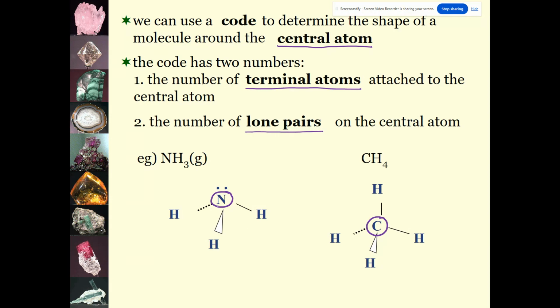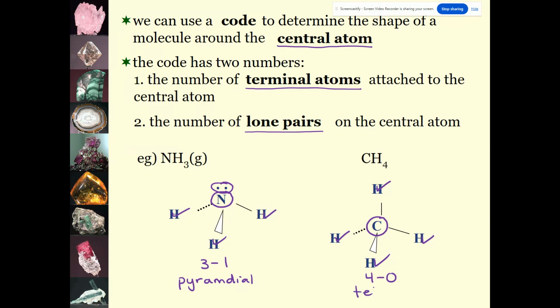So for NH3, I have 1, 2, 3 terminal atoms, that's my first number, and 1 lone pair. So the code is 3,1. Anytime you have a code of 3,1, that is a pyramidal shape. Okay? The next molecule has 1, 2, 3, 4 terminal atoms and no lone pairs around the carbon.